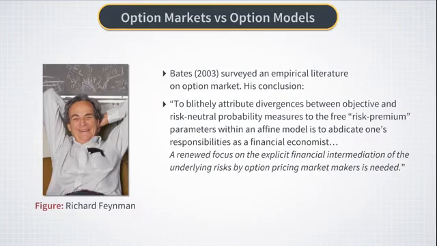Now, if you're familiar with the financial theory, you would understand what he means by the objective and risk-neutral probability measures. But if you're not, in essence, risk-neutral valuation methods amount to a statement that all prices can be computed as discounted expectations of future cash flows, computed under a very special probability measure Q called a pricing measure or a risk-neutral measure.